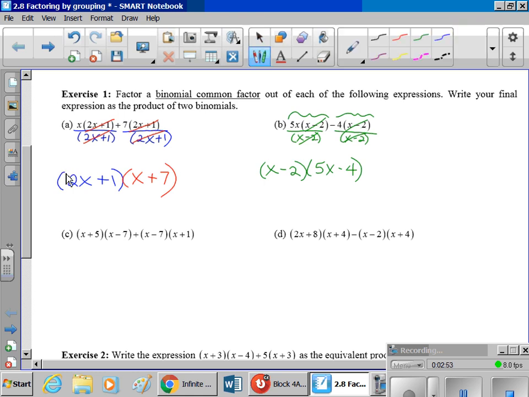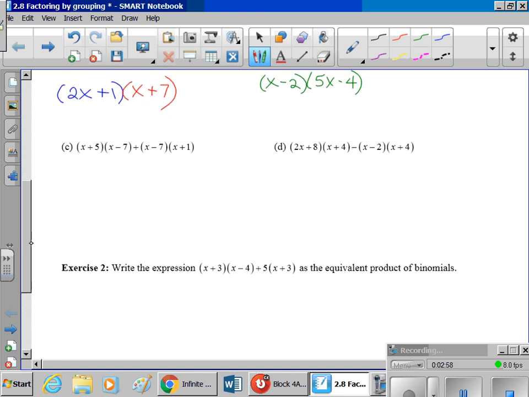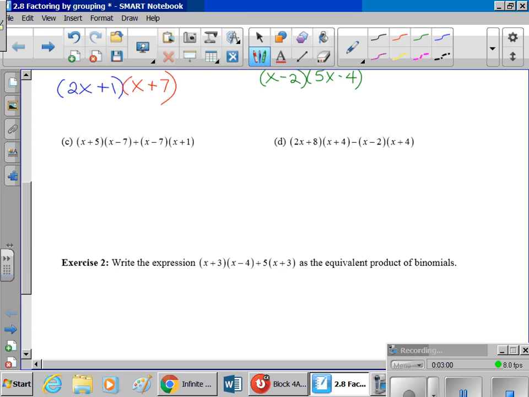So how are we doing? So far, so good? All right, so let's look at C. When we take a look at C, again, we can see, no pun intended, that x minus 7 is going to be our common binomial factor. As we factor out that x minus 7, or divide out that x minus 7 out of each term, these cancel, so we're left with x plus 5. Now, this plus right here is going to be this plus right here.